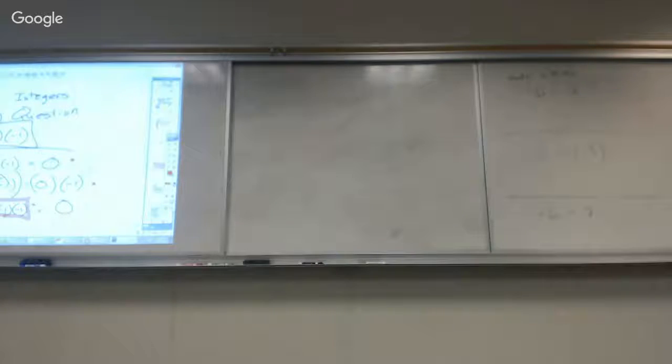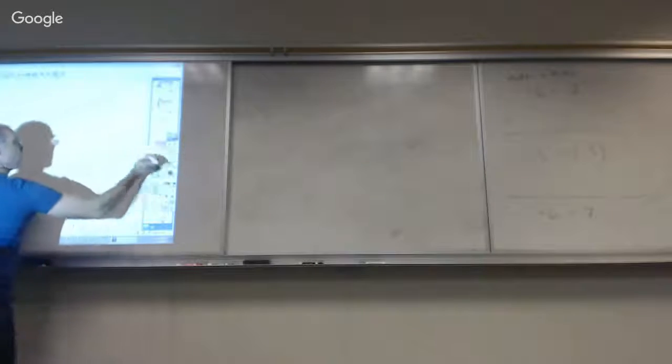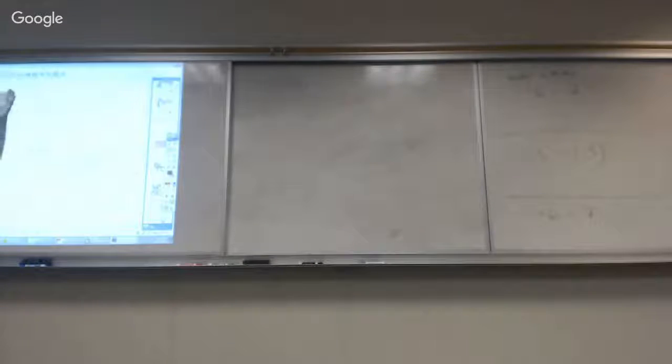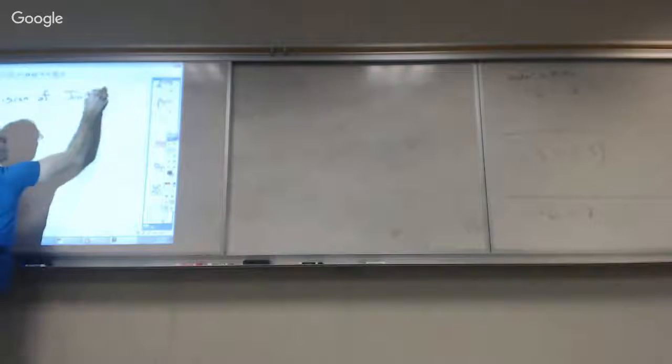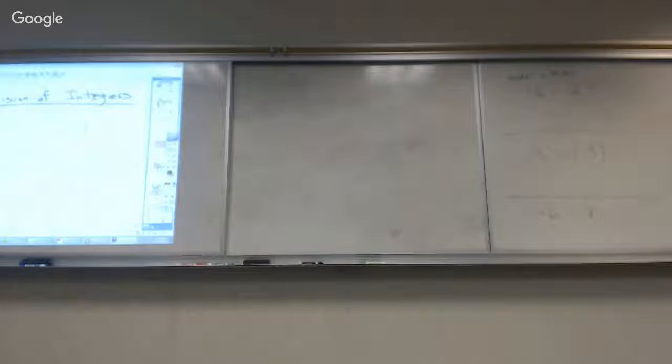All right, almost done. Division. Is division much different with integers than multiplication? So we got to figure out, now we're already really good at doing problems like 12 divided by 3.